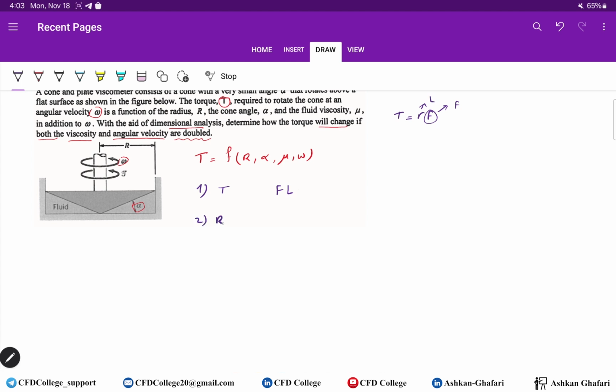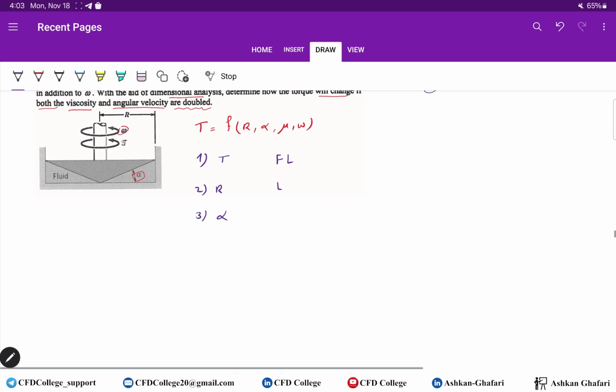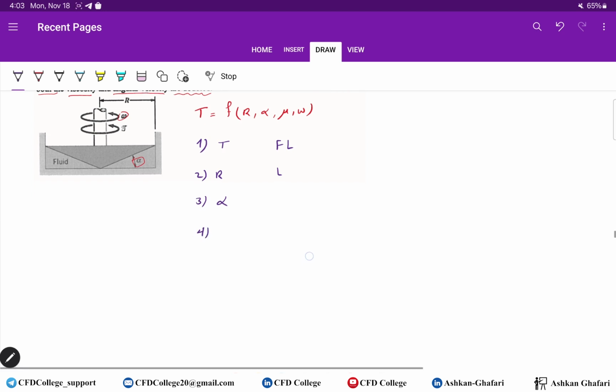The second one is R, the unit is L. The third one is alpha. Alpha is dimensionless, so there is no dimension here. Actually, it can be radians, but it's not F, L, or T. The fourth one is mu, F T over L square.